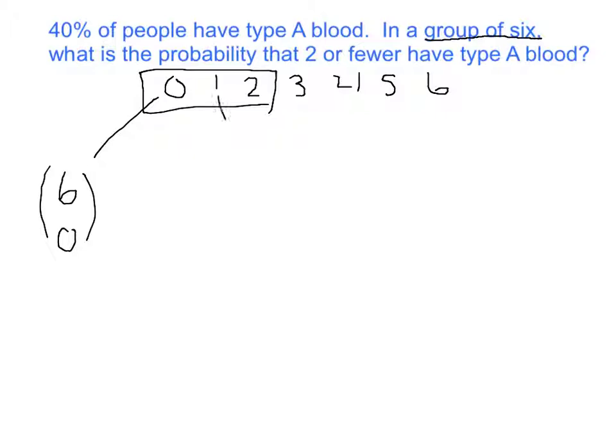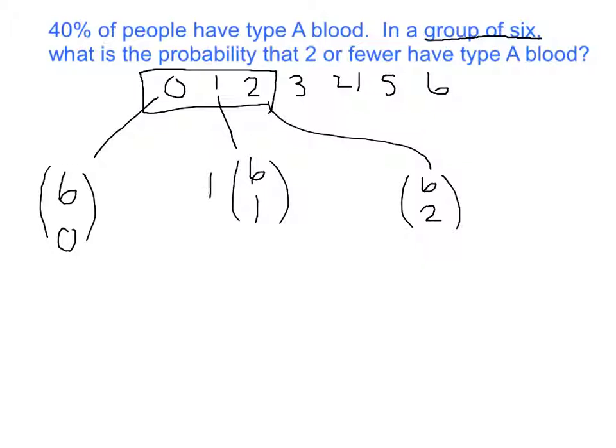The second one can happen in 6 choose 1 ways, and the third one can happen in 6 choose 2 ways. And because it's 2 or fewer, that means 0 or 1 or 2. So these are the probabilities I'm going to have to add up.